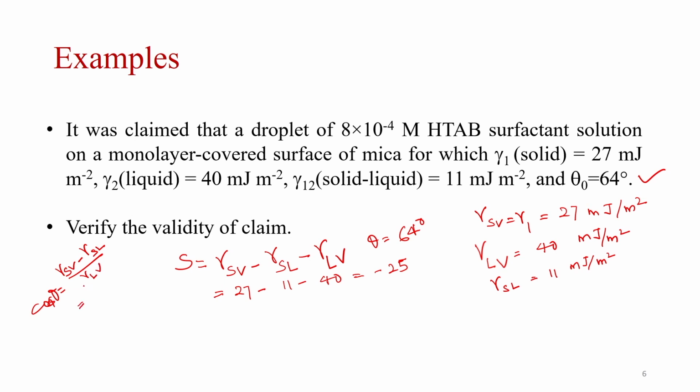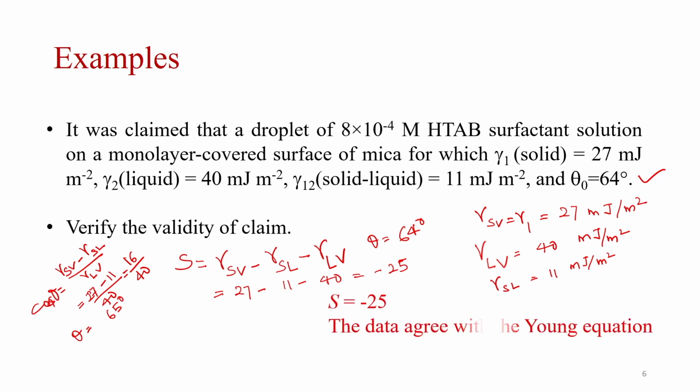All three are known. So, gamma SV 27 minus 11 divided by 40. This is like 16 by 40, so it will be close to 0.4. So, the theta value will be close to 65 degrees, and experimentally we are also getting 64. It means it agrees with the claim.